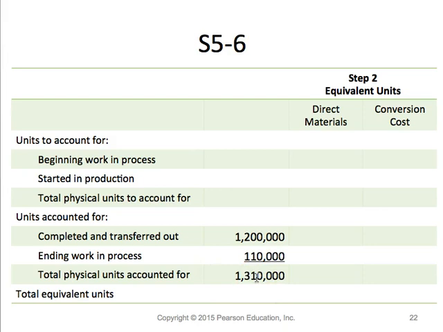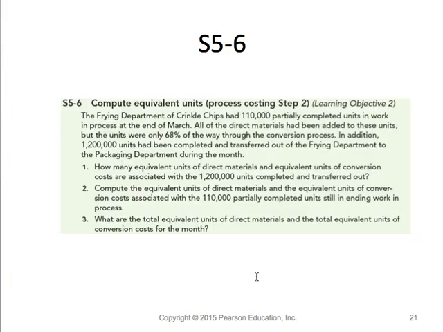Okay, so now we are going to find out other information we need to know here. What are the total equivalent units of direct materials and the total equivalent units of conversion cost for the month?